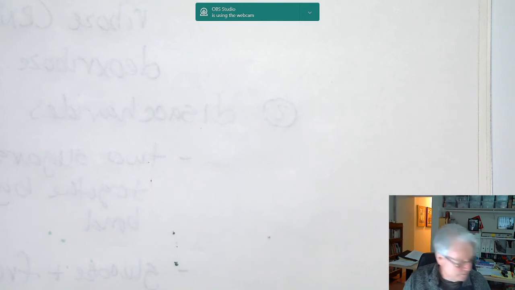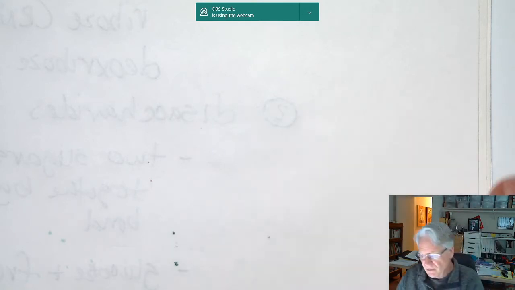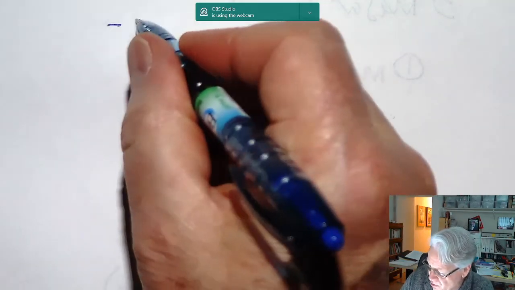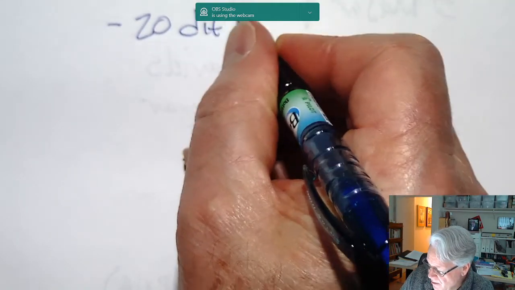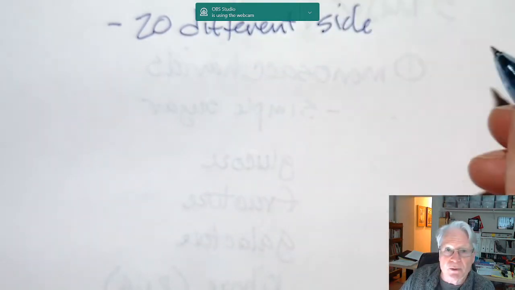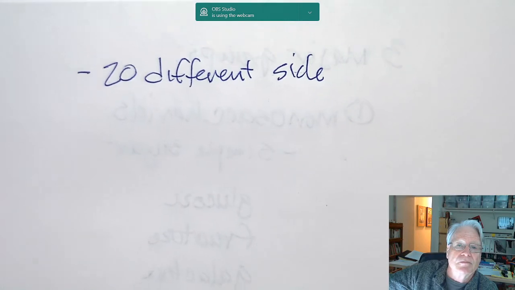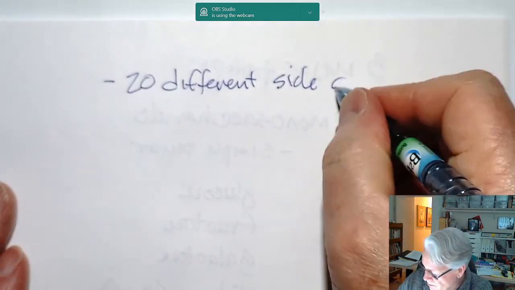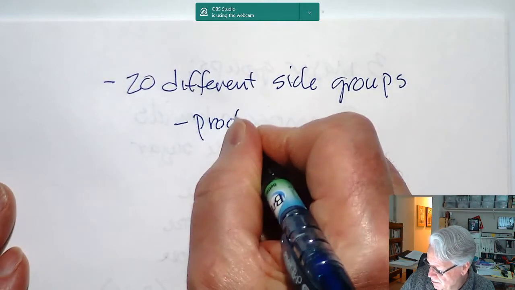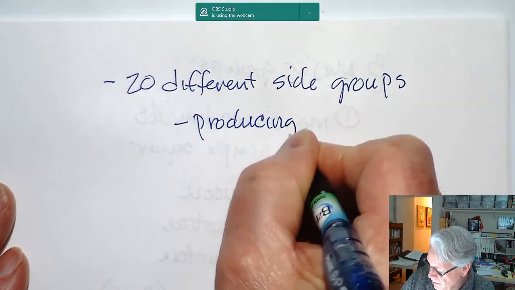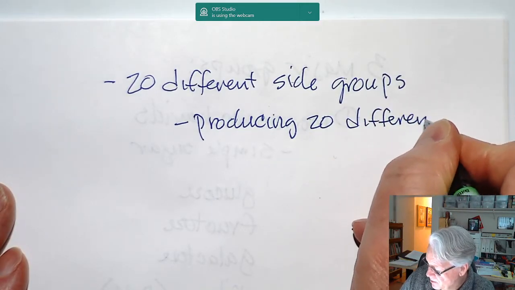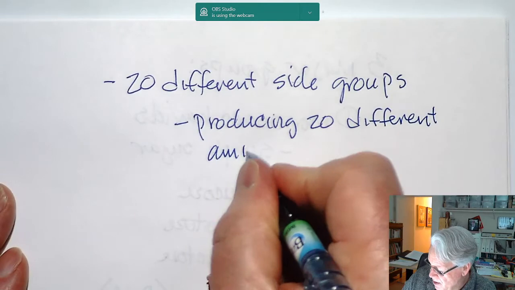All right. So let's get that into our notes. So there are 20 different side groups producing 20 different amino acids.